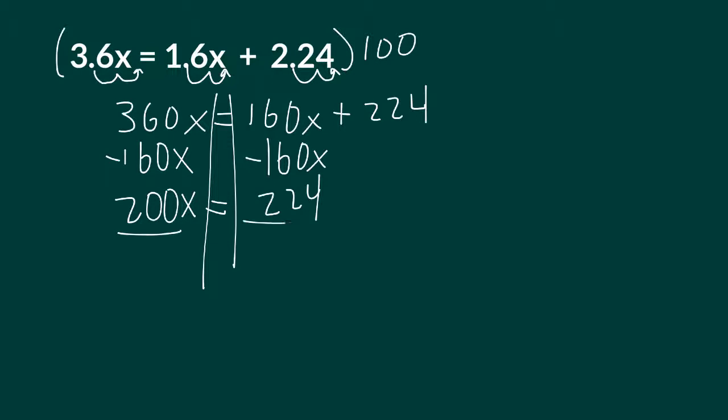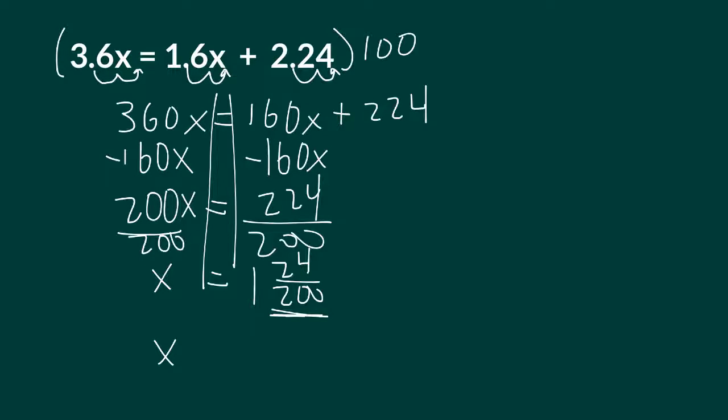Then I would divide by 200, which would give me x is equal to, 200 goes into 224 once, with 24 left over. But if we start with decimals, our answer should not end with a fraction. It should end with a decimal. So I have to convert this part here to a decimal.